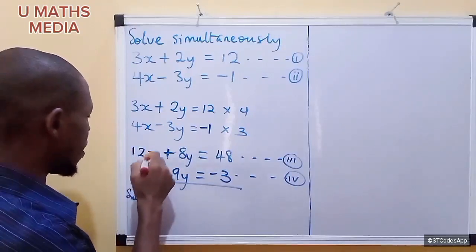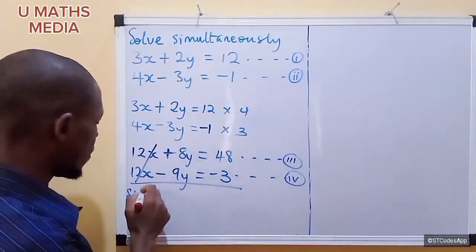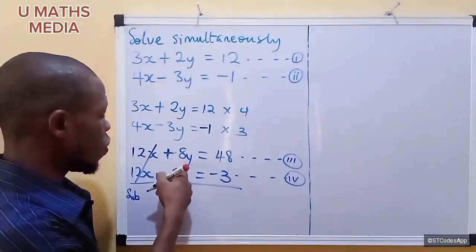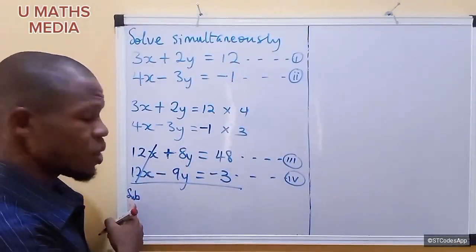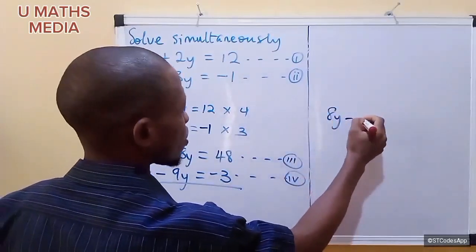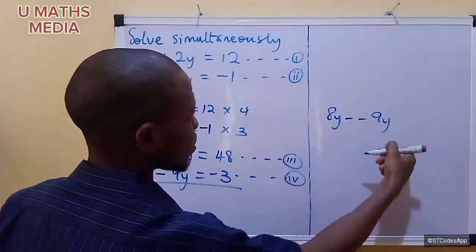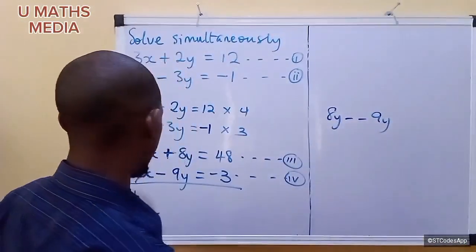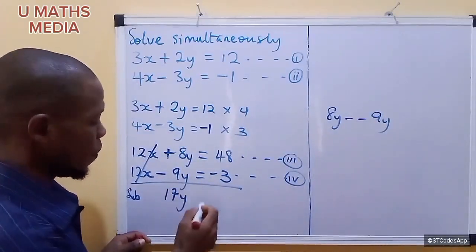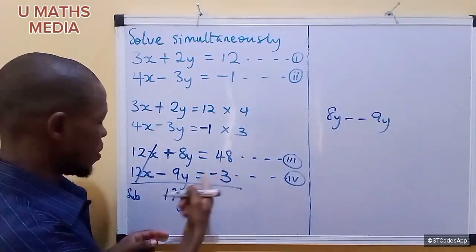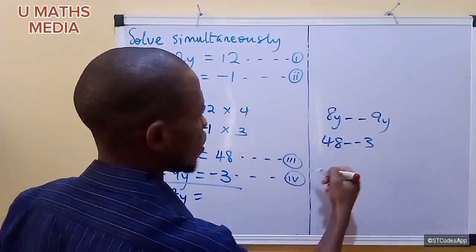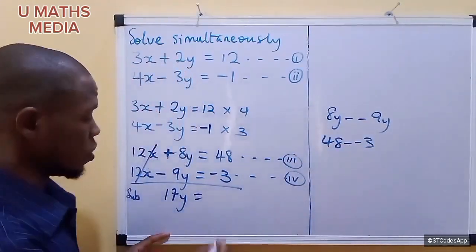By subtraction, 12x minus 12x will give me 0. That means it will cancel out. Now here we have 8y minus, because we are doing subtraction, minus 9y. So 8y minus minus 9y gives us 8y plus 9y, and that is 17y, equal to 48 minus minus 3, which is 48 plus 3, which is 51.